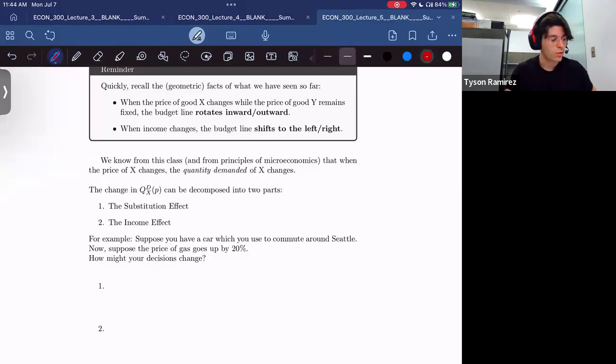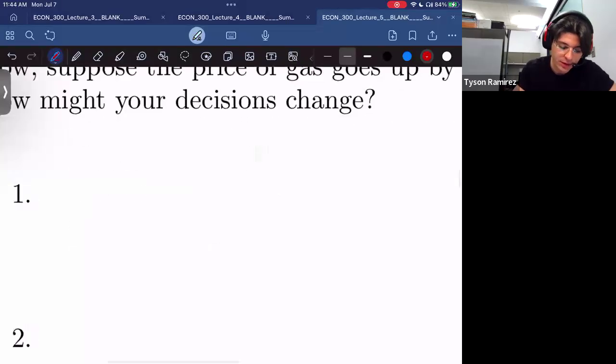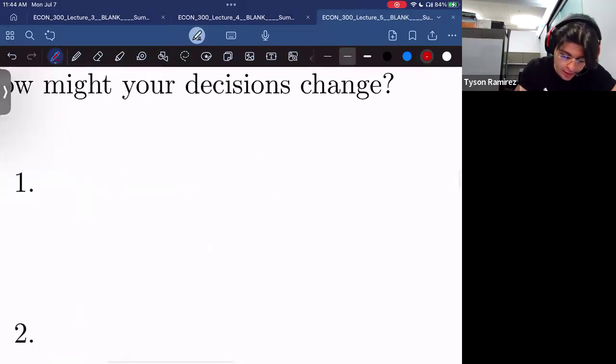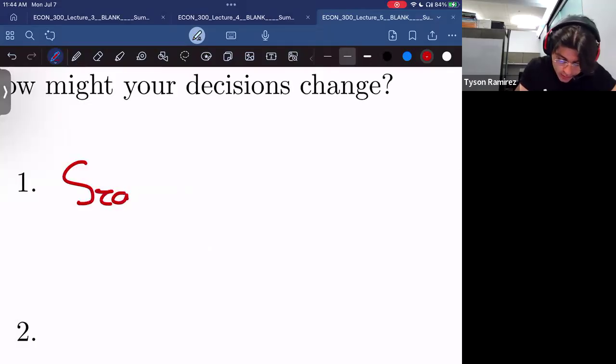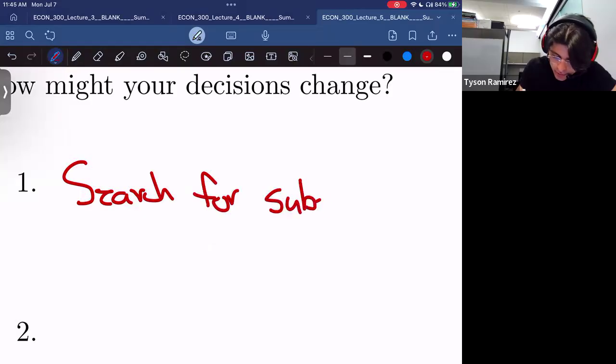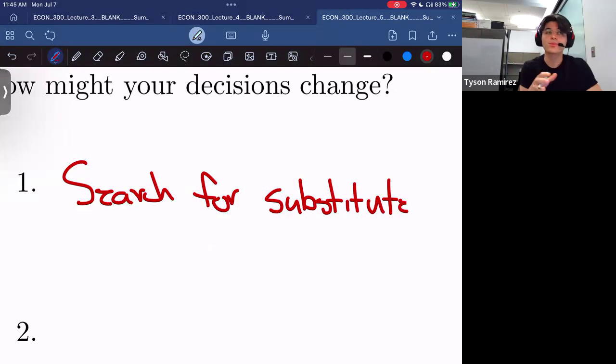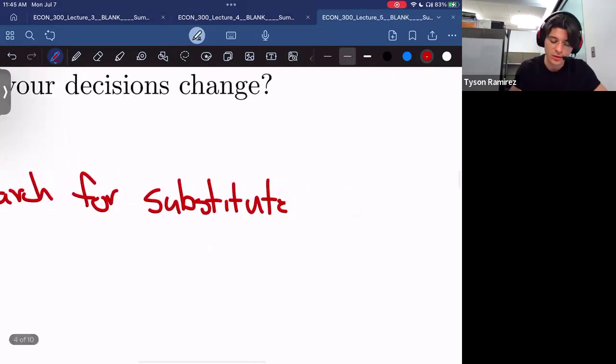Well, one way in which your decision might change, the first thing you might do, is search for substitutes. All right, you might think of what are some alternative ways to get around, alternative ways of commuting.